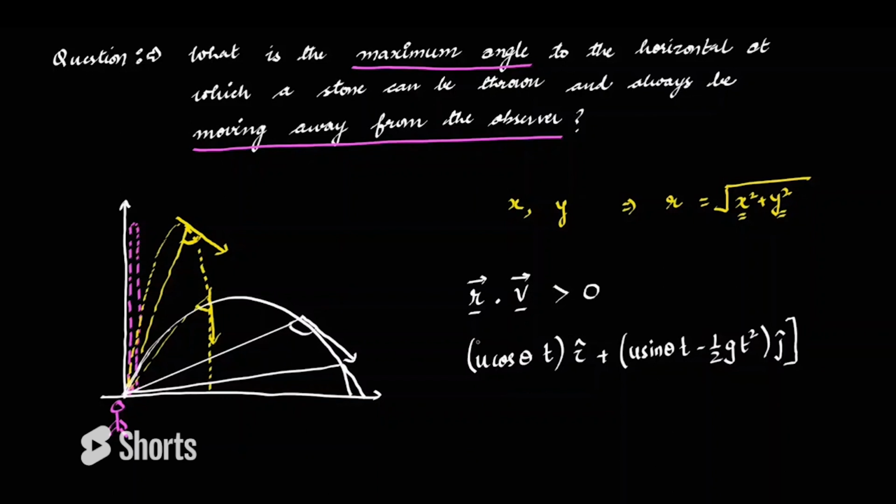This is the position vector, dot the velocity vector, which is equal to u cos theta i cap plus u sine theta minus g t j cap, the dot product of these two, and this will be greater than 0.